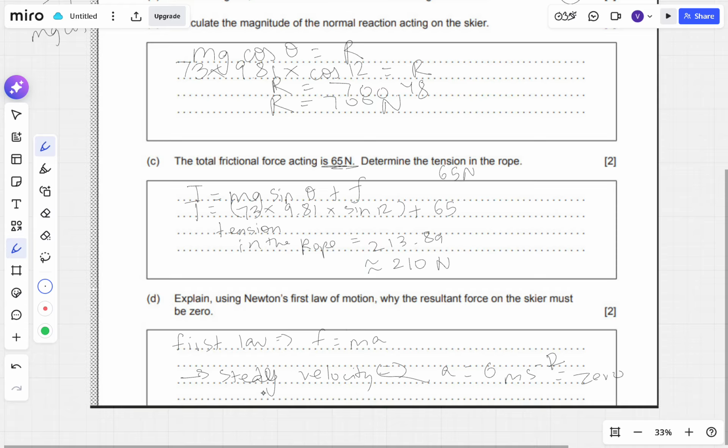This means that when something is multiplied by 0, obviously the answer would be 0, and therefore it's in equilibrium. There are no external forces acting. So F equals ma. Let's just say F equals 73, and because a is 0, it'll be into 0. So the force acting will be 0. Therefore, the resultant force acting on the skier would be 0.